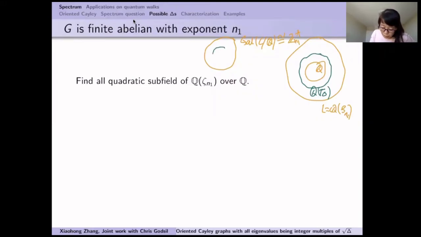Back to the subgroup, this extension degree is 2, so the index is 2. We need to find a subgroup of this Z_N1 multiplicative group that has index 2. Sorry.